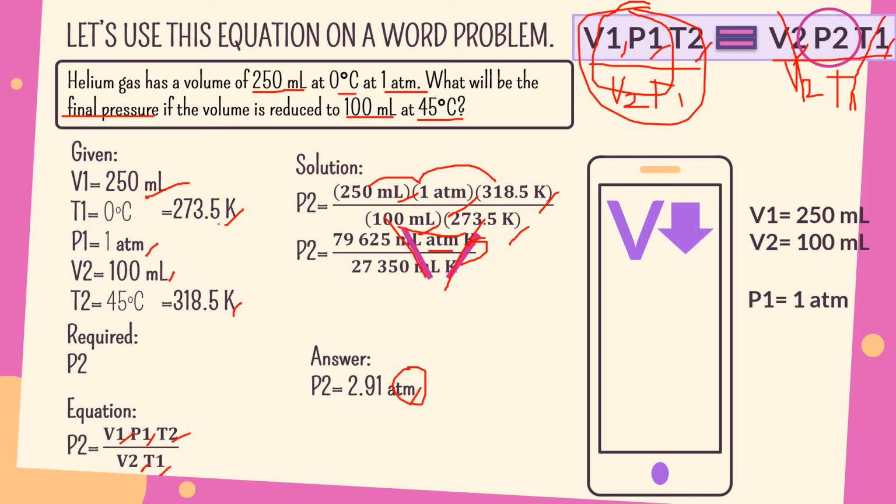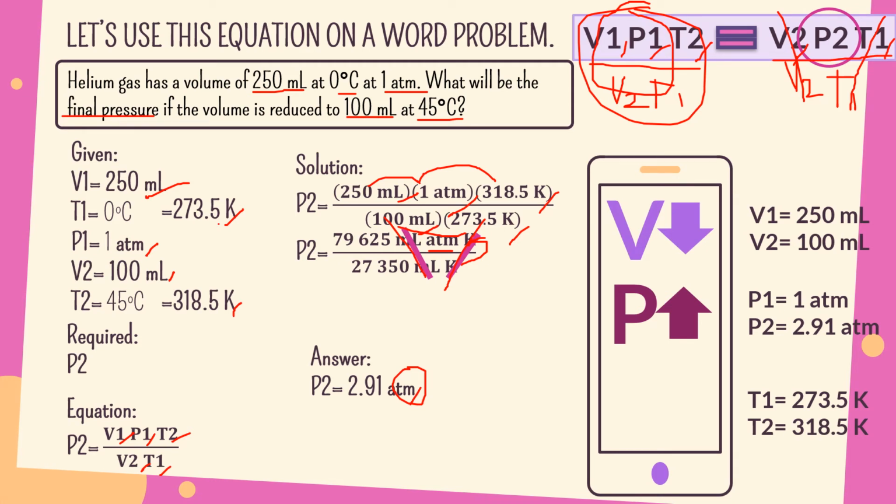As for the pressure, from 1 atm, it changes to 2.91 atmosphere, so the pressure increases. For the temperature, we have an initial amount of 273.5 Kelvin. After a change, it changed into 318.5 Kelvin. So as you can see, the temperature increases.